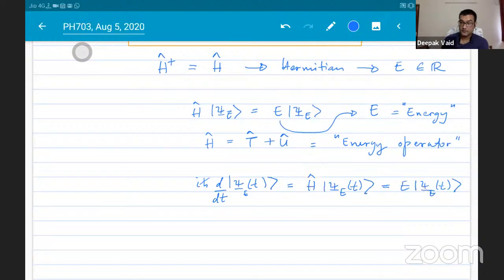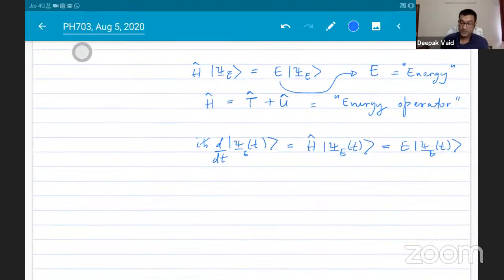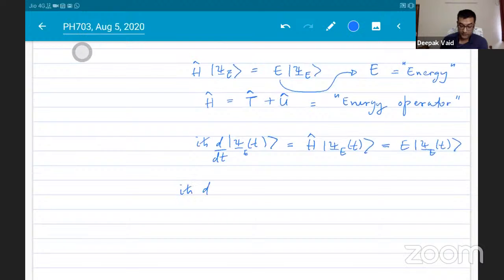Now what happens to this equation? This equation becomes an ordinary differential equation. On the left, I have i h bar d by dt of psi of E of t. On the right, I have some number multiplied by psi of E of t.